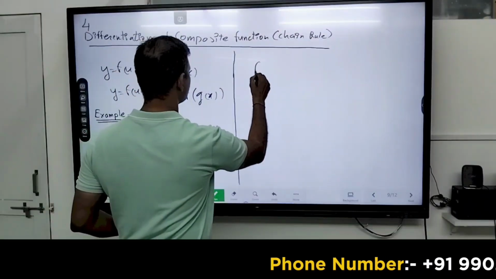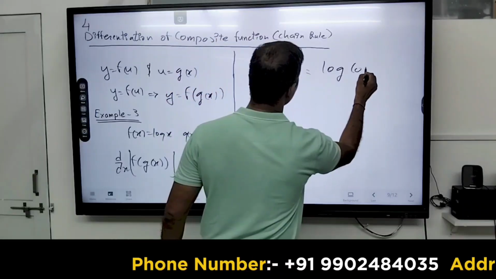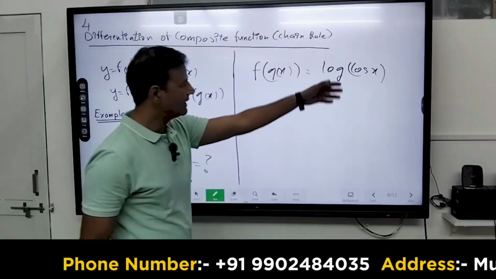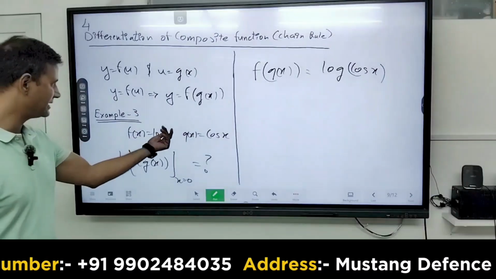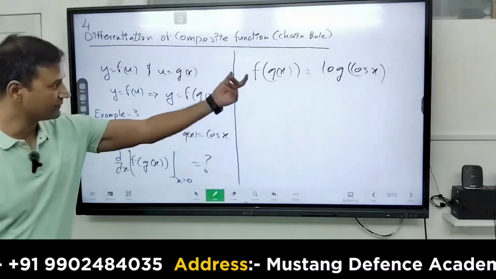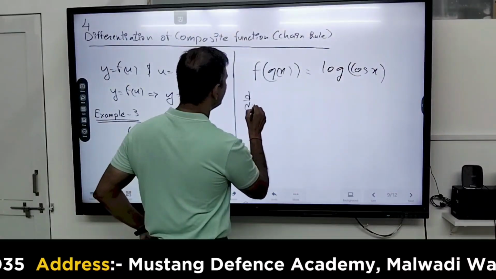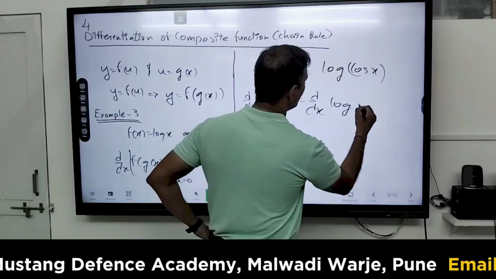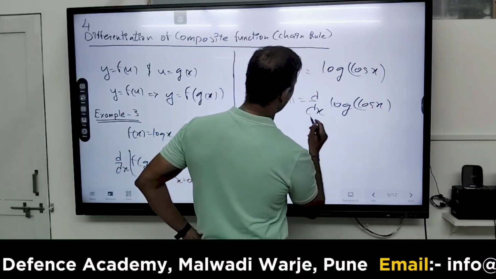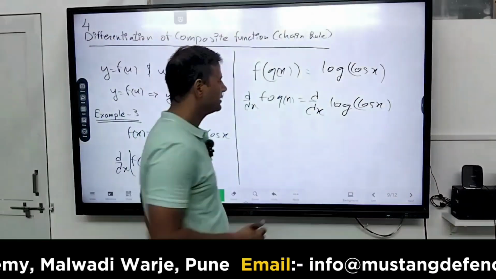So f of g of x would be log of cos of x. So where there is x, you put the other function. In log of x, in place of x, you put g of x, which is cos of x. Now let's differentiate it. d by dx of f of g of x is equal to d by dx of log of cos of x. So d by dx of log x is 1 upon x and d by dx of cos x is minus sin x.